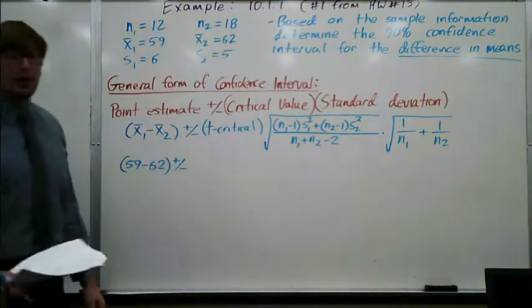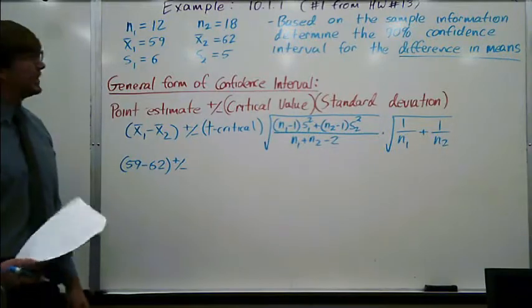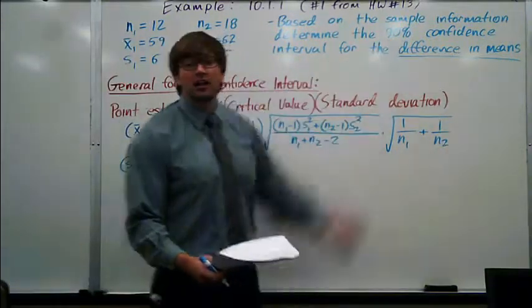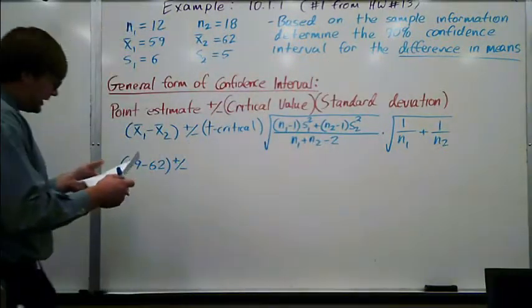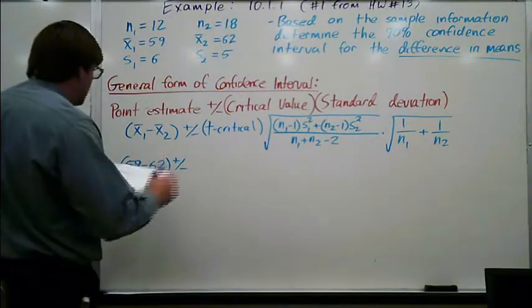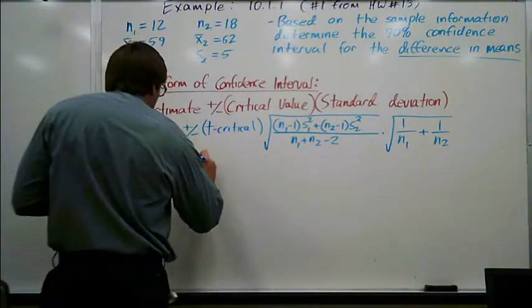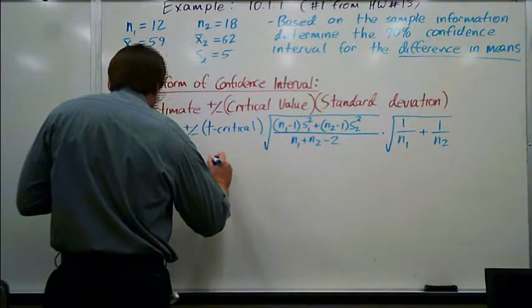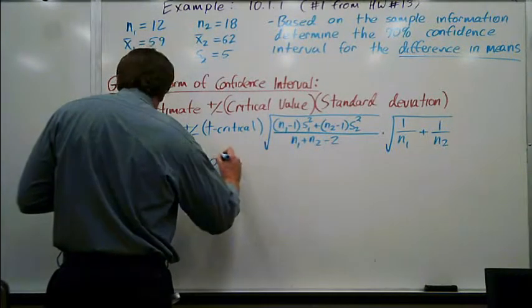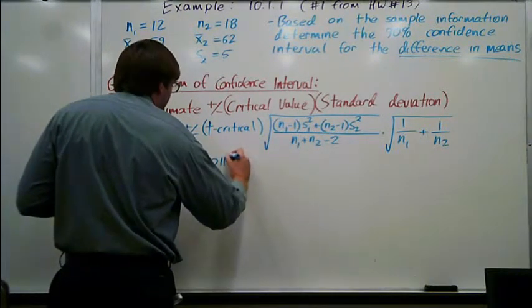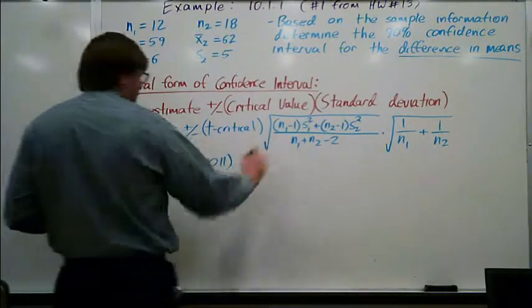So then you look up on your table where the degrees of freedom is 28 for the 90% confidence level, and you should get a t critical value of 1.7011. Then fill in the rest of this.